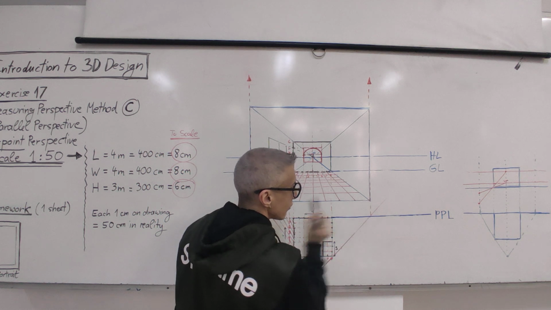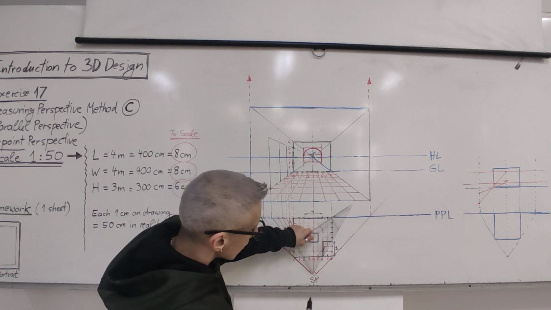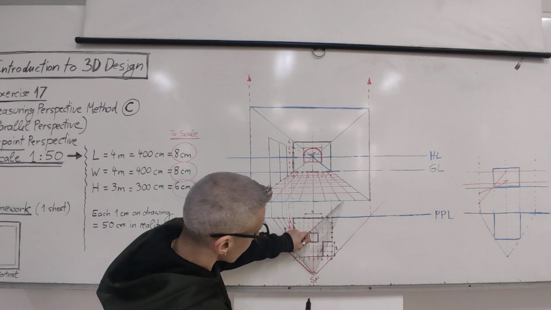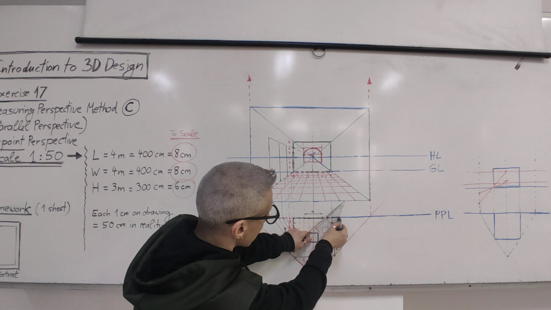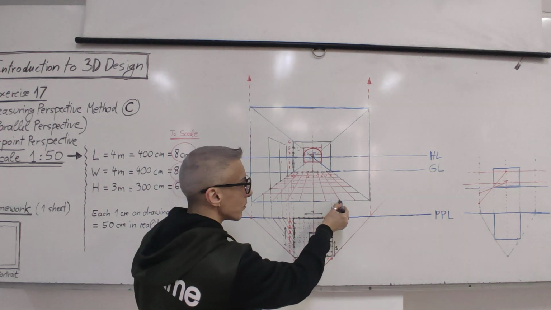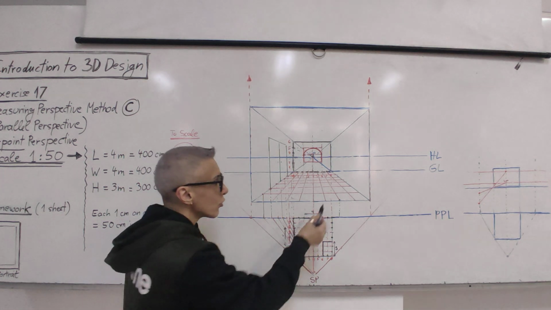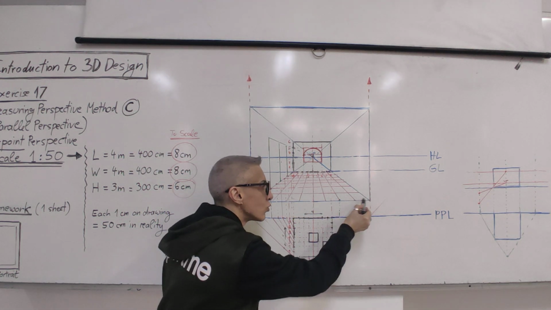But this point, where? From SP through this point, where it's going to be touching this line here. From here, you put a straight line up, it's going to be located here. But because we have the tiles, I can just count. So 2 tiles, 2 tiles.